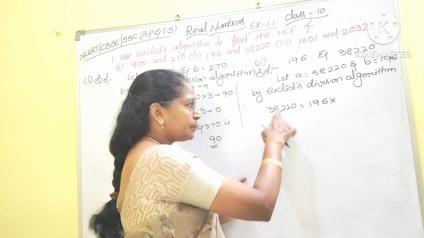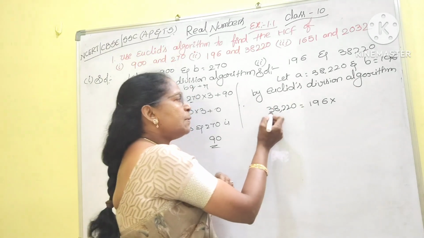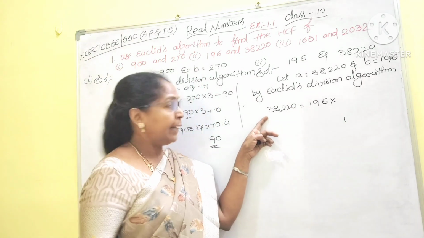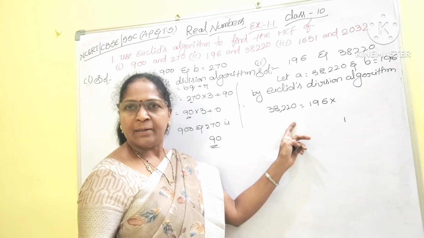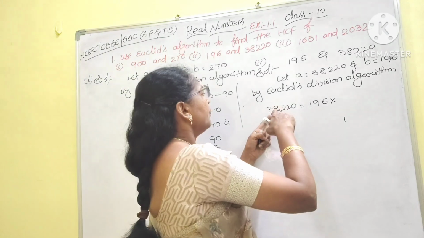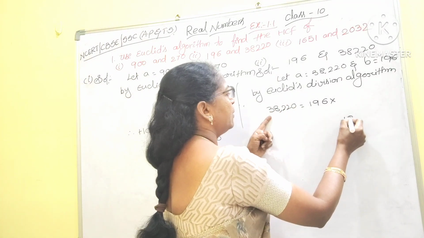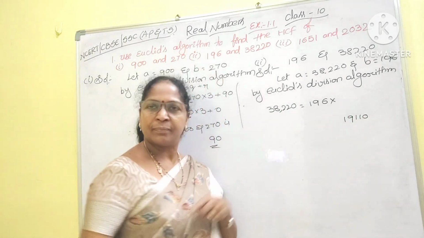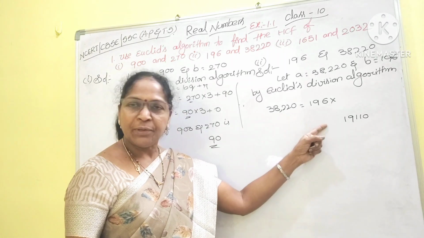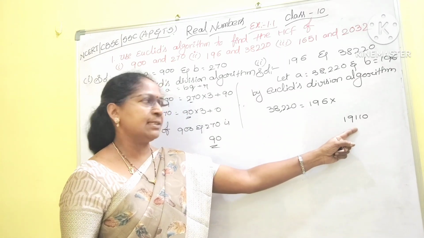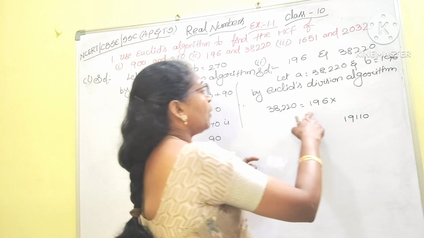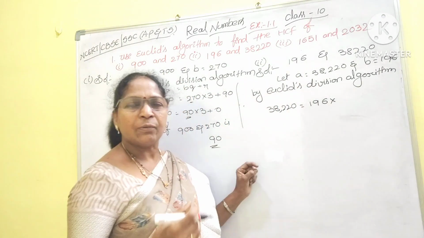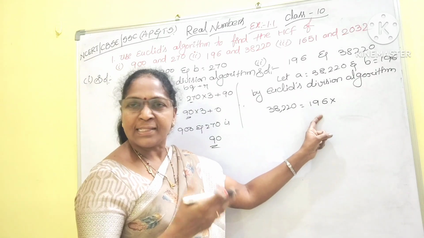In 382, 2 goes 1 time, 200. By 2 you will get it like this, but how many times does it divide 200? So simply assume 196 is nearest to 200.